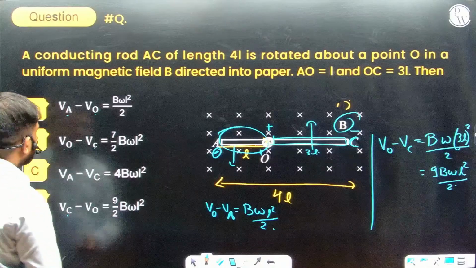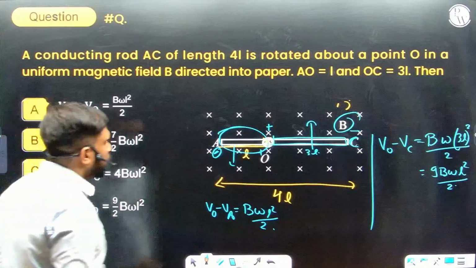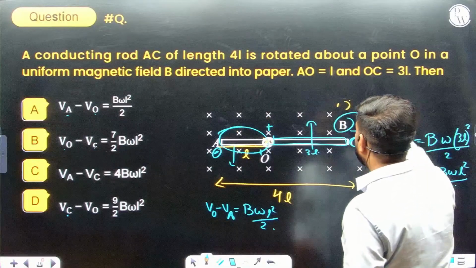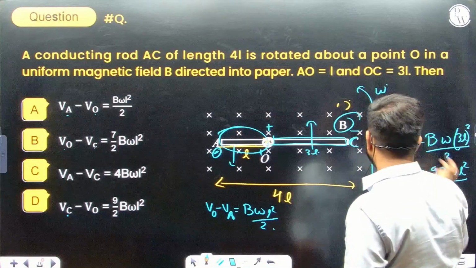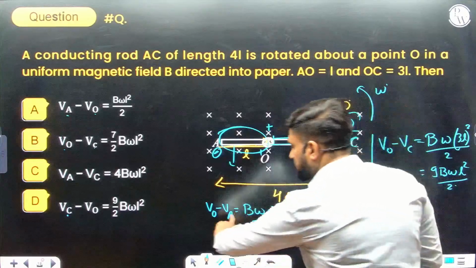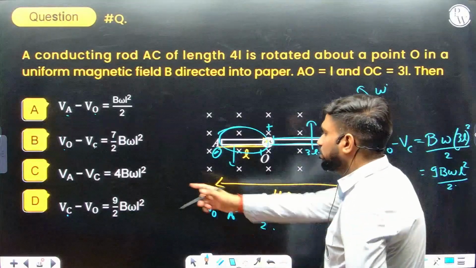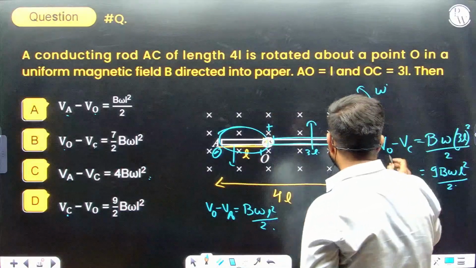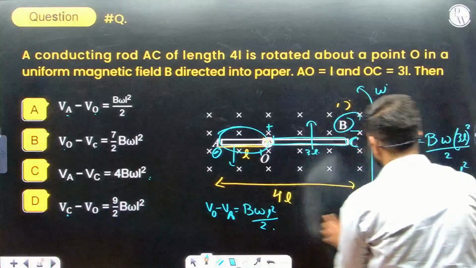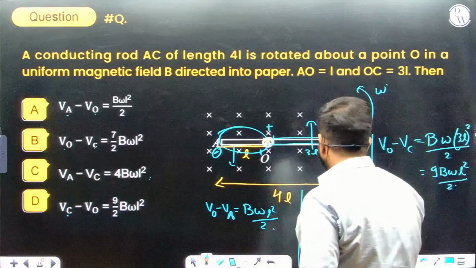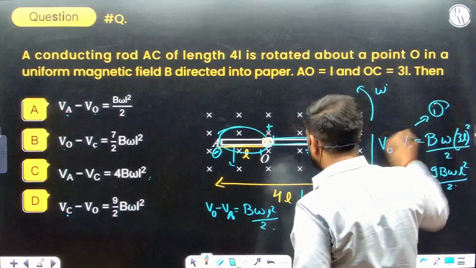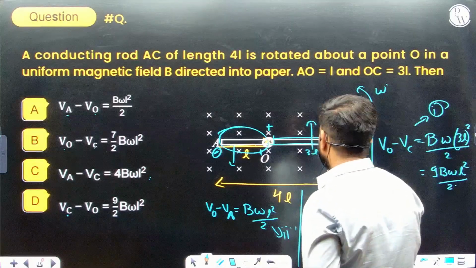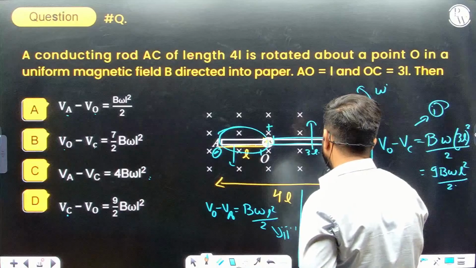And VA minus VC, alright, let's check this, because by considering the direction as anti-clockwise, both of them are coming to be negative. They have just switched the terminals. So I'll look for this option C. I'll subtract this result from this result. Here this is equation 1 and this is equation 2. Let's subtract equation 2 from equation 1.